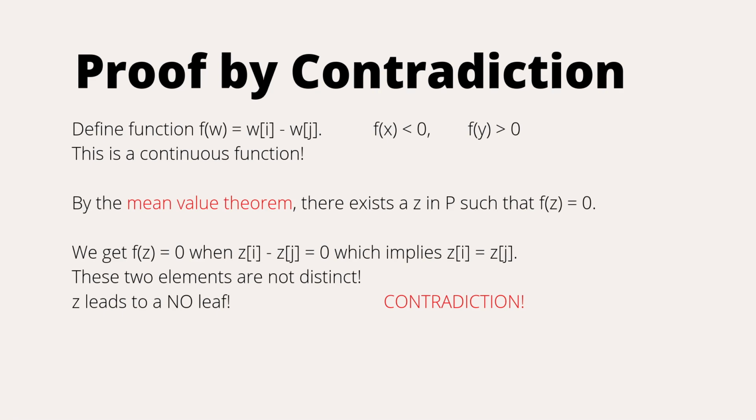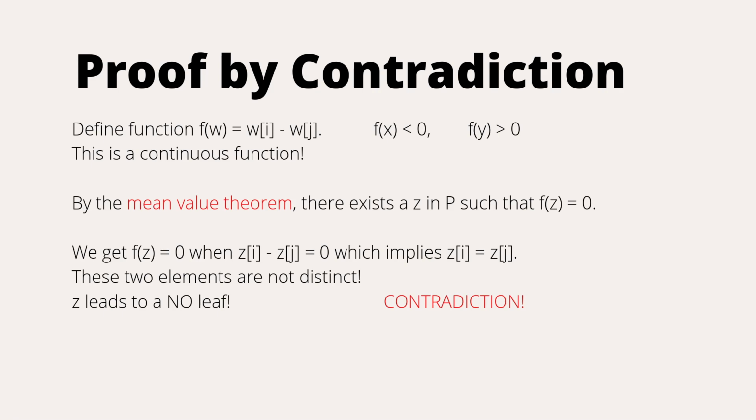We'll define a continuous function. It's like a difference function. So function f of w, where we take one element and another element, and we take the difference. So let's say f of x is less than 0, f of y is greater than 0. And this is a continuous function.